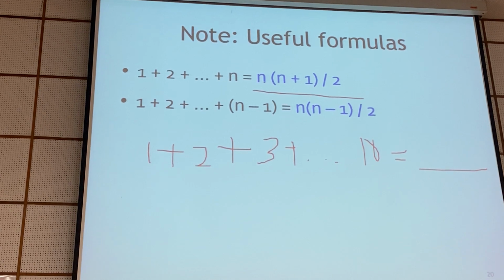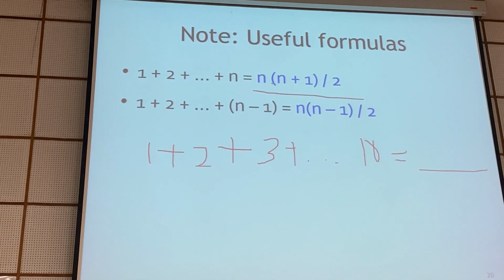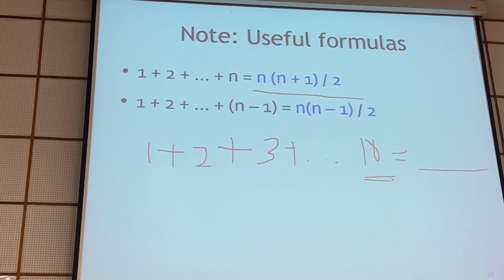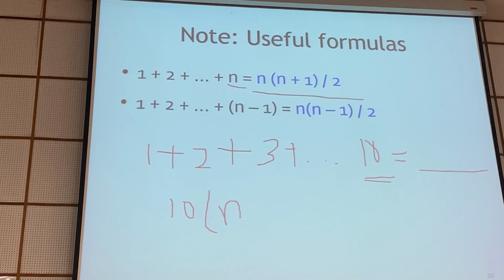How can I use this formula? Let's say I want to count until 10, so my n value is 10. Can you do the formula for me and tell me what the answer is?